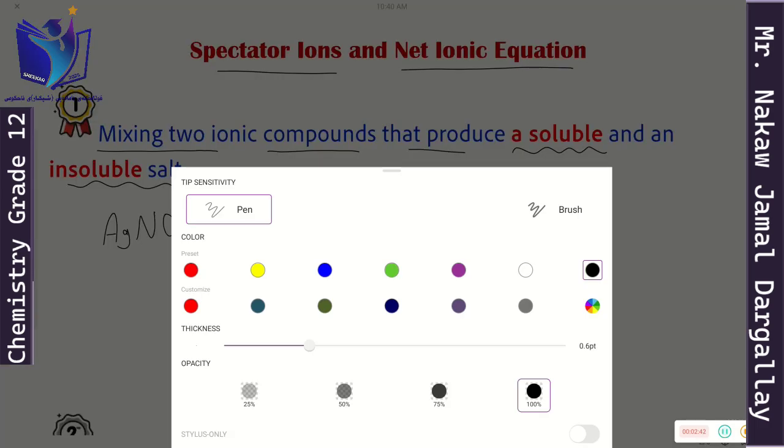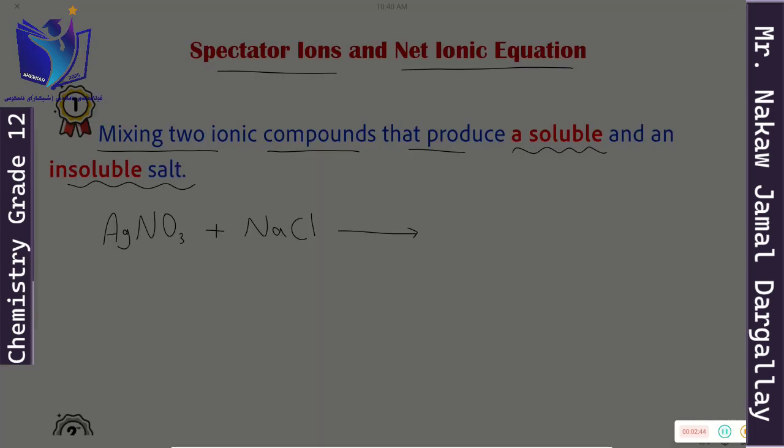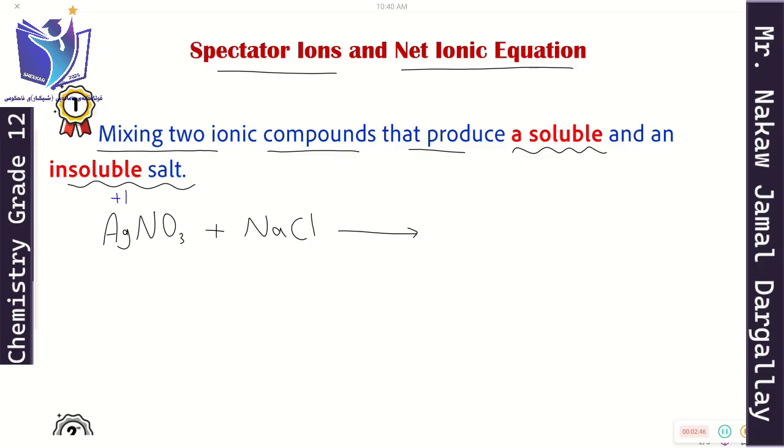That means the positive charge of the first compound combined with the negative charge of the second compound or salt produce AgCl, and the positive charge of the second compound with the negative charge of the first compound produce NaNO3, sodium nitrate.